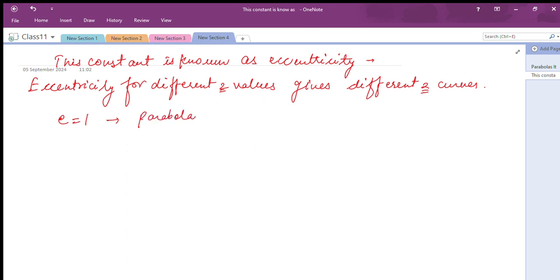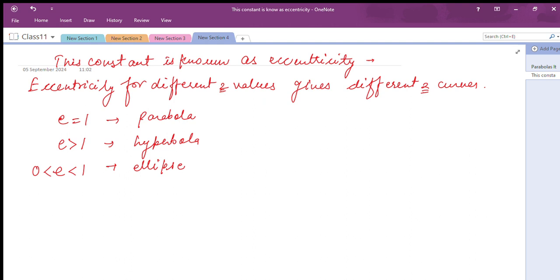If the eccentricity is greater than 1, it gives a hyperbola. And if the eccentricity is greater than 0 and less than 1, it gives an ellipse. So it all depends on the eccentricity. This is the general definition of the conic.